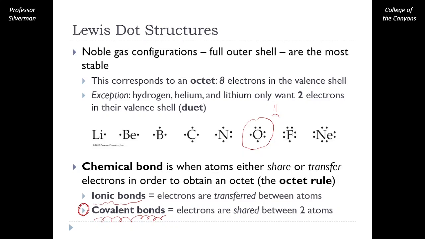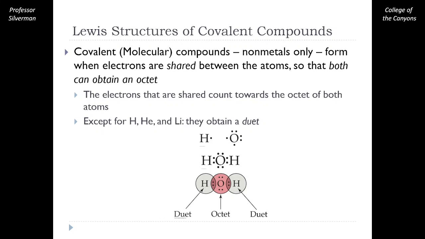In this chapter, we're going to focus on our covalent bonds, sharing electrons between atoms. These covalent bonds, as we said, are electrons being shared between atoms. We do that so that both of those atoms can obtain the octet, or perhaps duet for hydrogen, that they want.